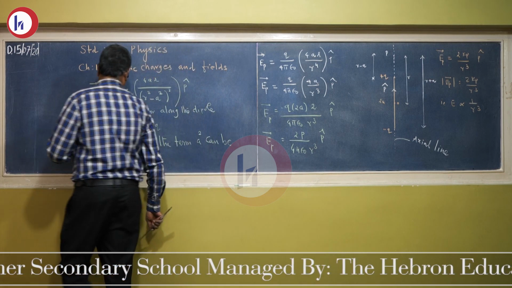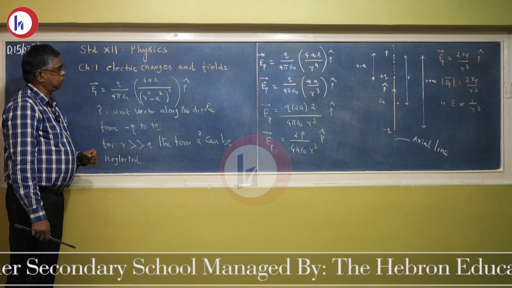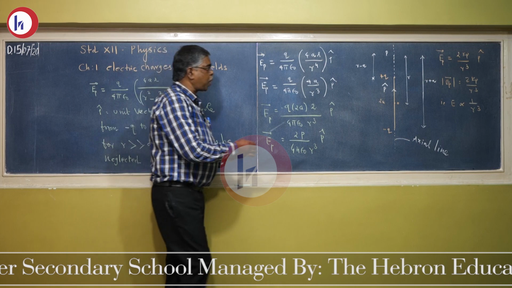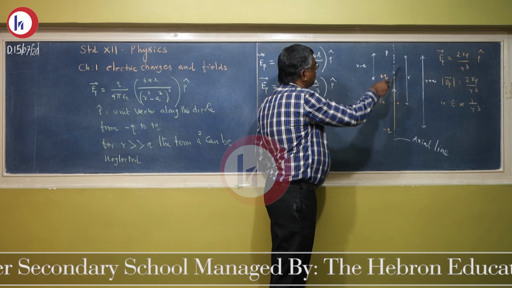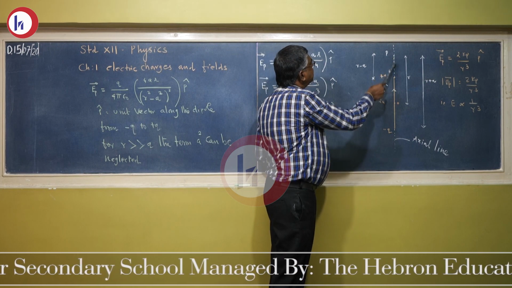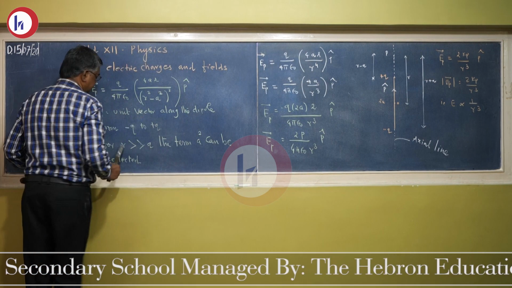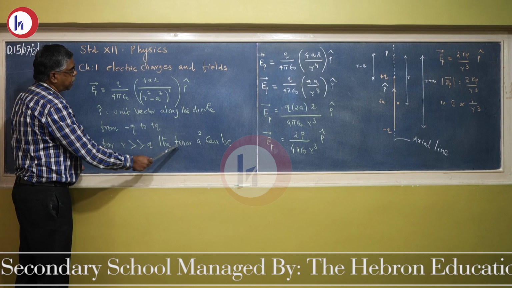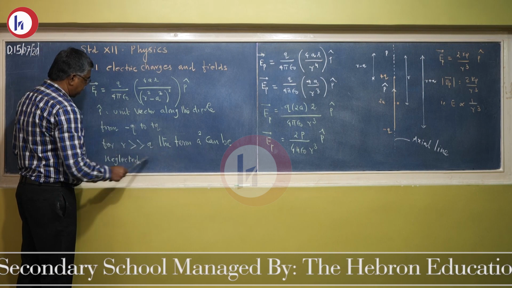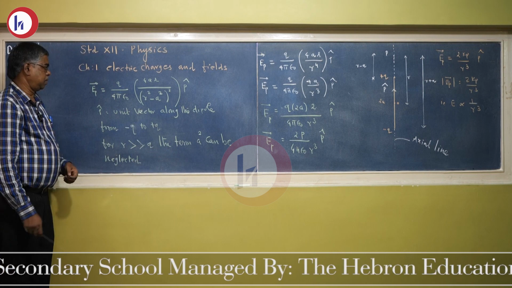Next, if you apply conditions, if the distance of point P is very far compared to the distance a, that means r is greater than a, then the term a square can be neglected from the equation.